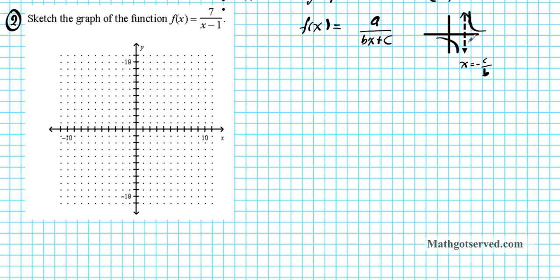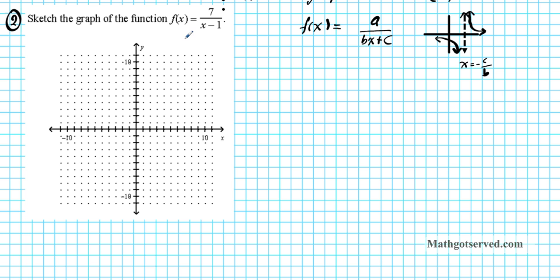Okay, so this is a general appearance of the parent rational function, with the denominator being of the first degree. Now, if there is a minus here, what happens is that this portion gets reflected to the top, and this portion gets reflected to the bottom. So this is just for the first degree in the denominator with a constant in the numerator. When the degrees start increasing in the numerator and denominator, then the appearance changes considerably.